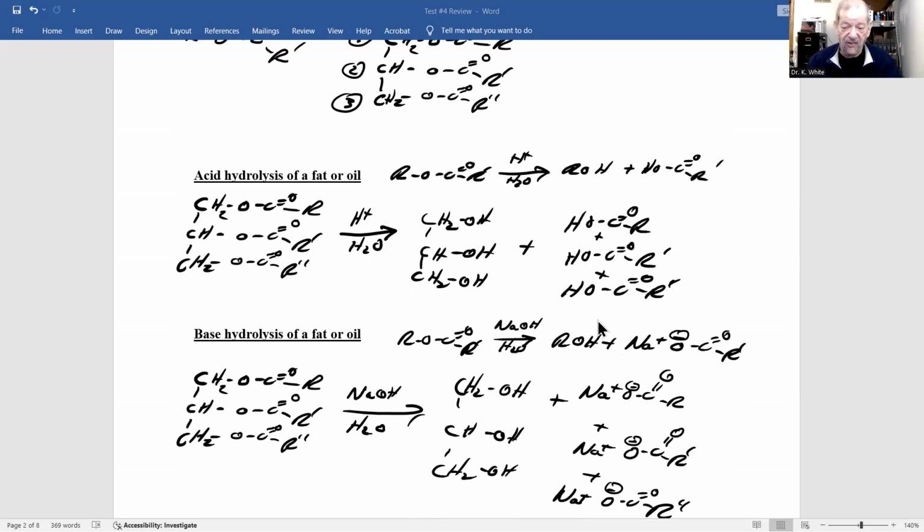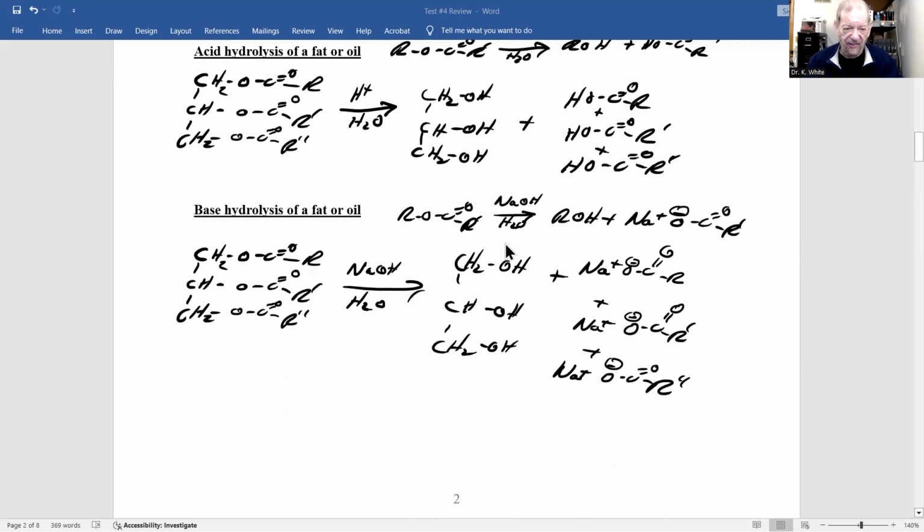But it is a carboxylic acid, come from fats and oils. Now, for base hydrolysis, you can have an ester, and then for the base, I'll use sodium hydroxide. You can use other ones. And water, you get back the alcohol, but the carboxylic acid reacts with the base to give the carboxylate anion.